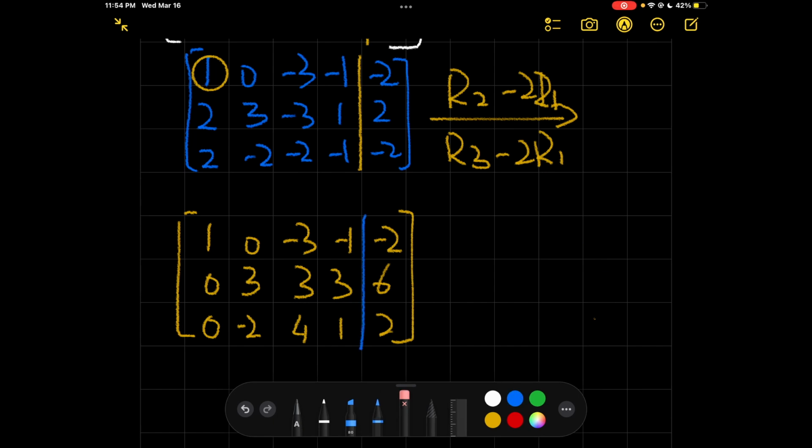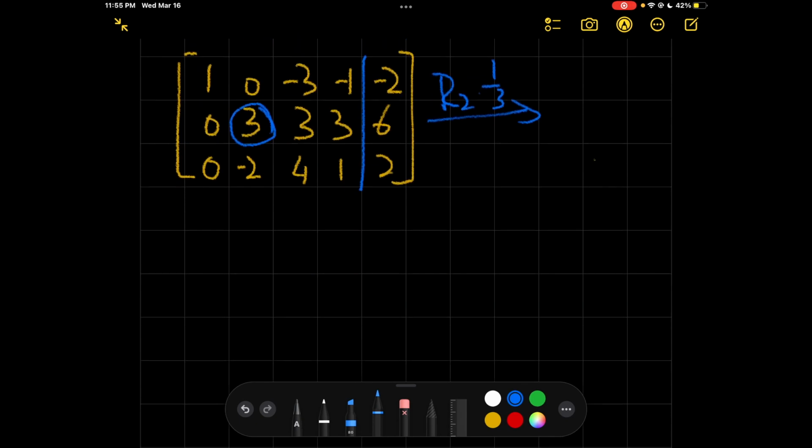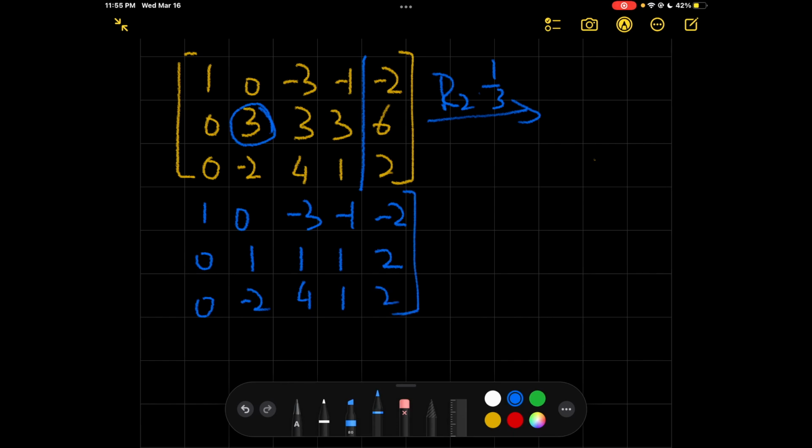We need to find another pivot point. We can choose this one, just row 2 times 1/3. We have: 1, 0, negative 3, negative 1, negative 2; 0, 1, 1, 1, 2; 0, negative 2, 4, 1, 2. Now we have a pivot point.